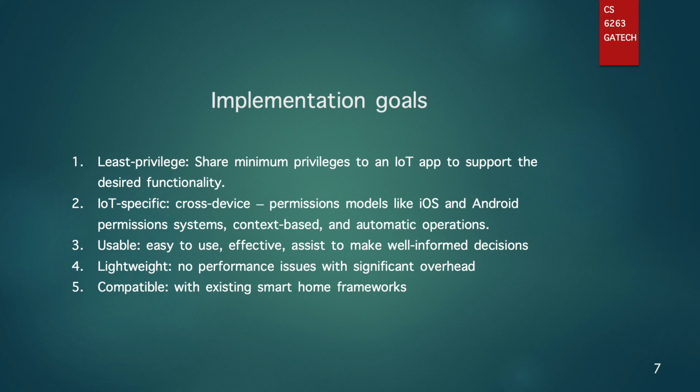The second point, IoT specific, means the authorization system for a smart home framework should meet the needs for multi device, context based, automatic operation compared to a single device for older smart home apps.